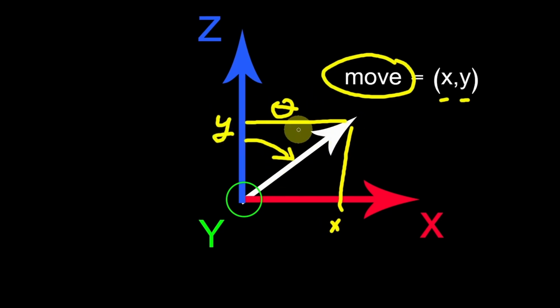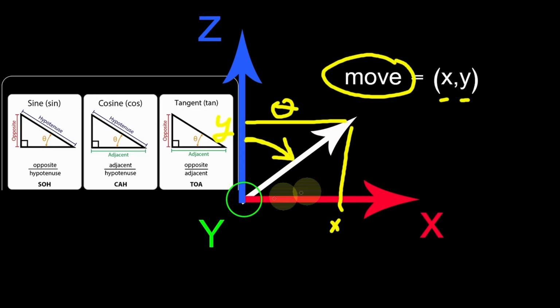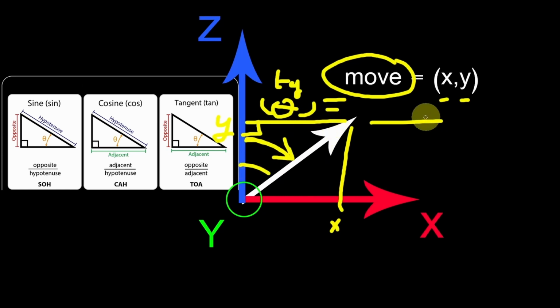We can use some built-in functions that take in the move vector and change it to an angle or quaternion. And the second option is by using some trigonometry functions, because the tangent of this angle equals the opposite over the adjacent. In this case, the opposite of this angle is this value, which is the X, over the Y, which is the adjacent. And then we can get the angle.